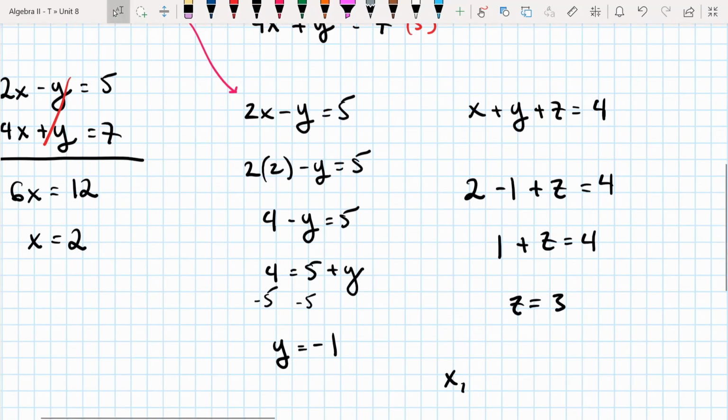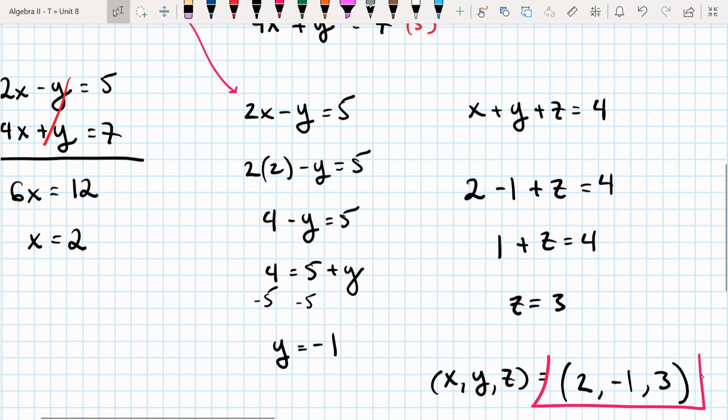And so x, y, z is equal to 2, -1, 3. And that is going to be the answer for this practice question.